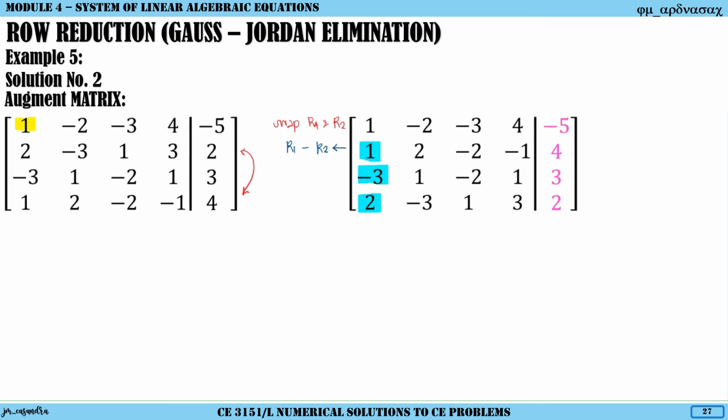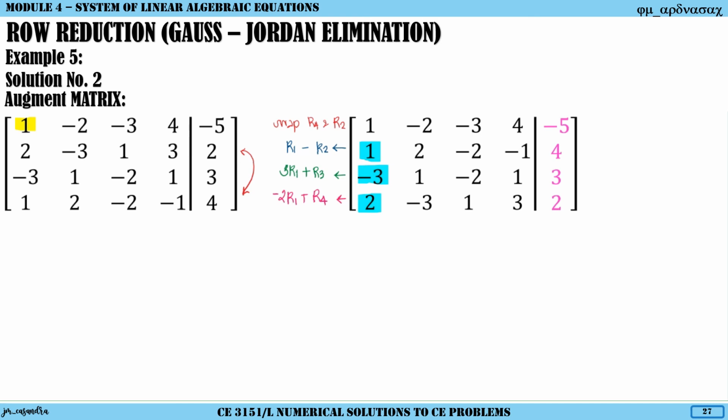Then for the third row, that is equivalent to 3 R1 plus R3. Then for row 4, that is now negative 2 R1 plus R4.